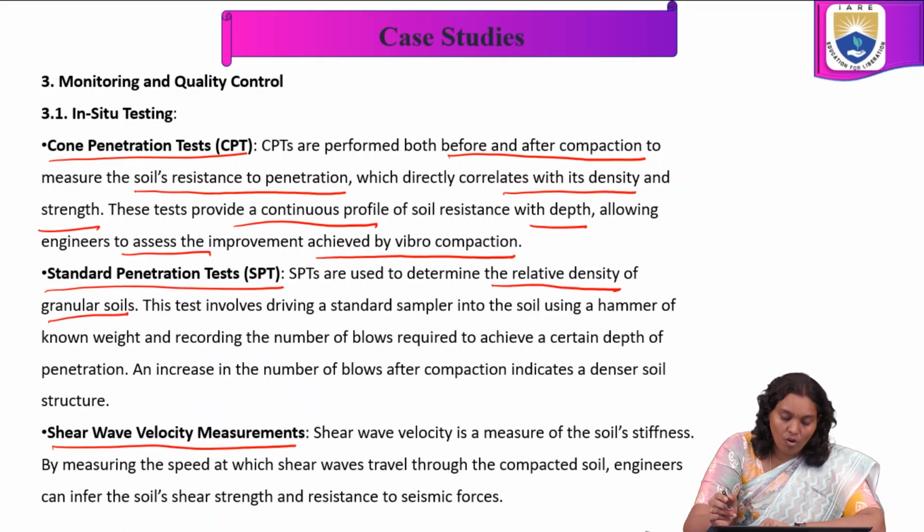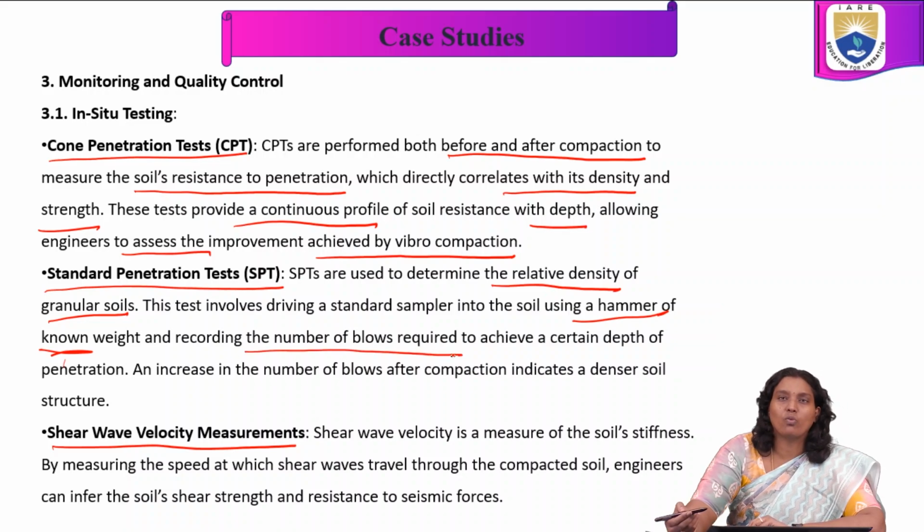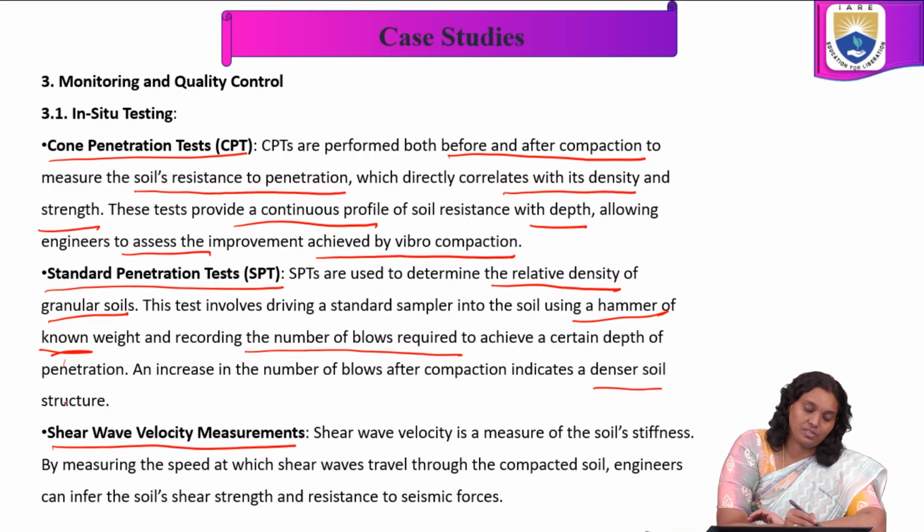Standard penetration tests are used to determine the relative density of granular soils. These tests involve driving a standard sampler into the soil using a hammer of known weight, and recording the number of blows required to achieve a certain depth of penetration. An increase in the number of blows after compaction indicates a denser soil structure.